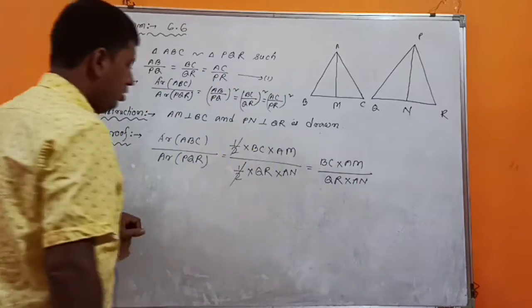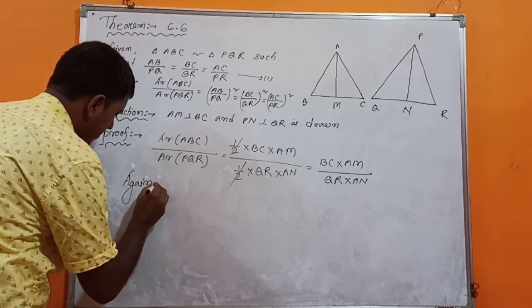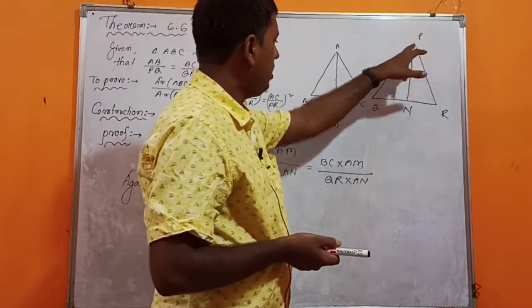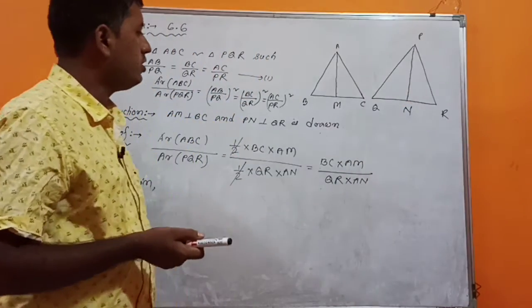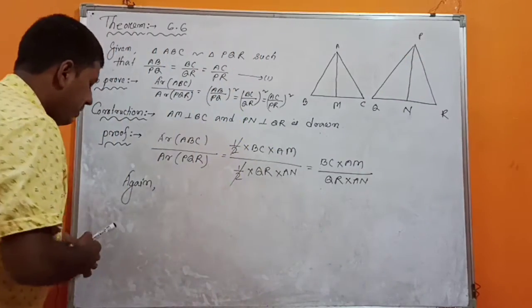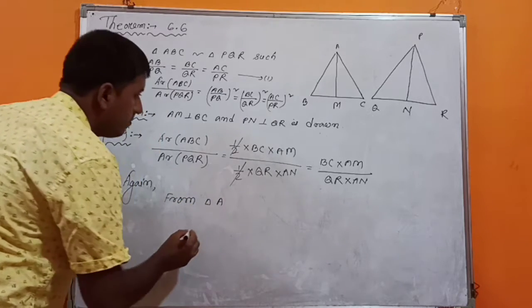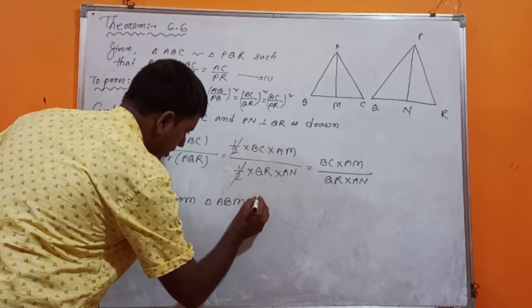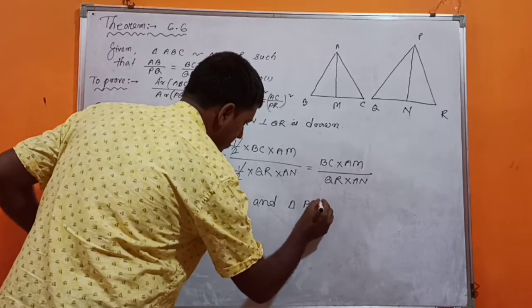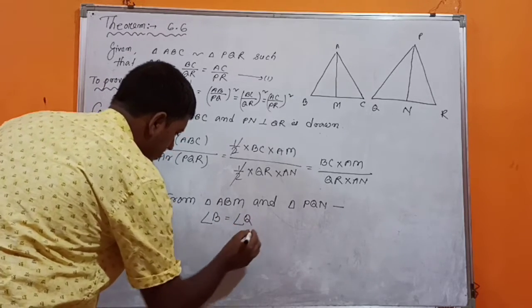Now look at this again. We consider these two triangles, triangle ABM and triangle PQN.